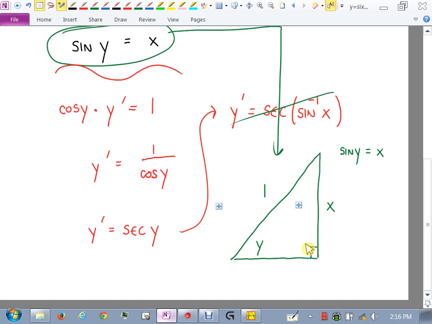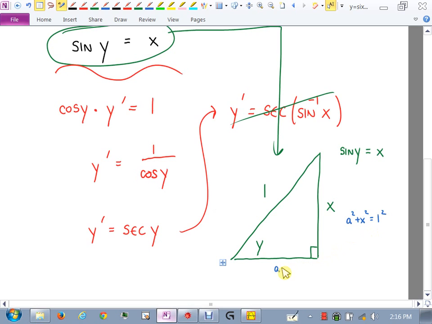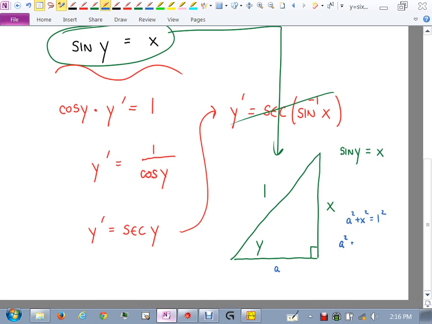Do you know how to solve a right triangle? If I give you two of the sides, can you get the third one? Yes. We could call this side a. Then you could say a squared plus x squared equals 1 squared. Pythagorean identity, a squared plus x squared is 1 squared. Solving for a squared, a squared equals 1 minus x squared.